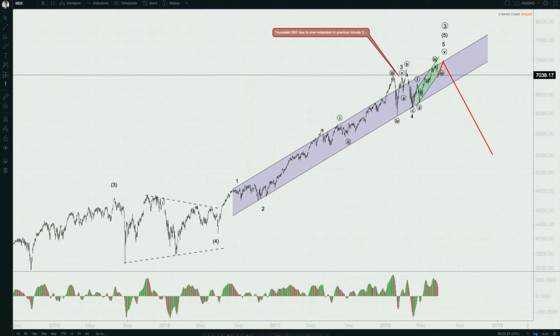But before I zoom into smaller time frames to look at what happened last week, I made a small change to my overall longer term wave count, namely how I see this correction in here.